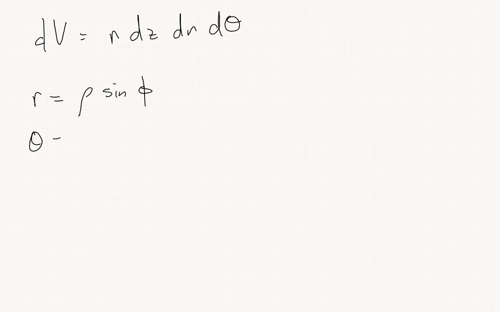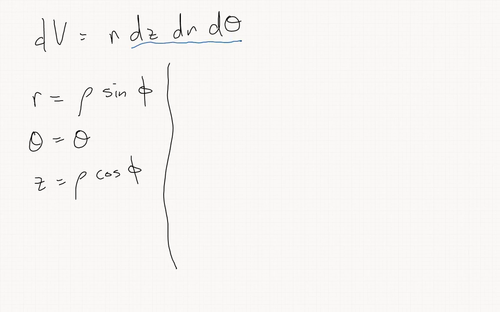The thetas are the same, and z is rho cos phi. Okay, so first let's calculate dz dr d theta.